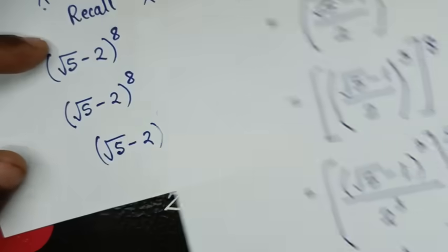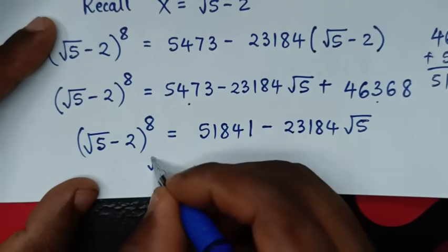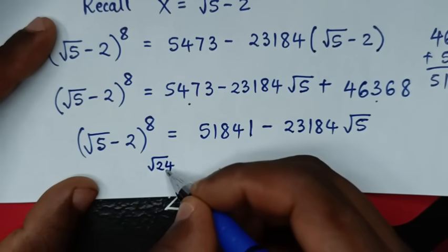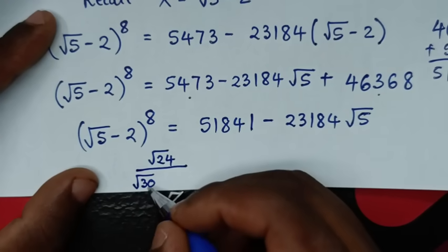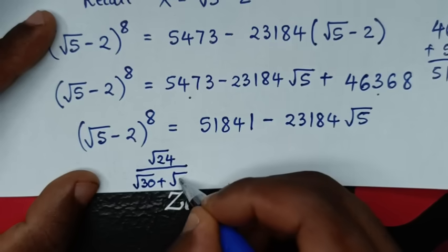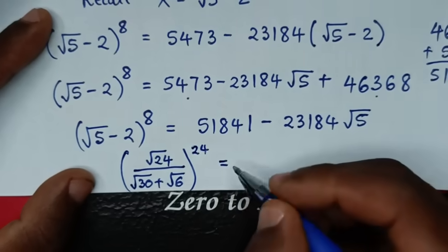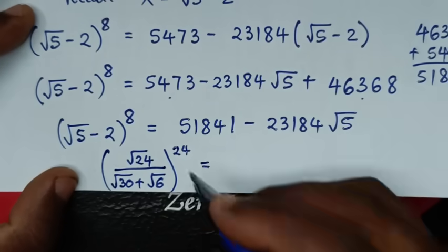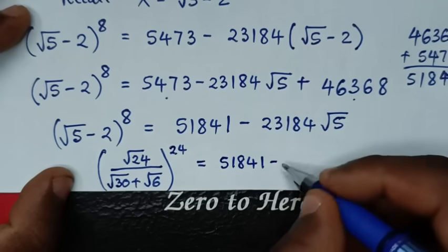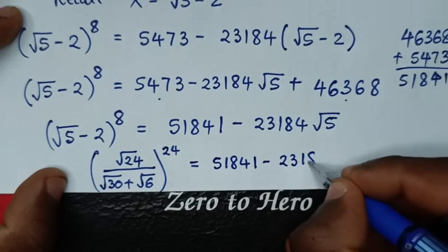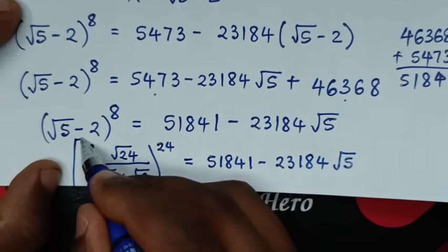So the whole solution, which is (√24/√30 + √6)^24, is equal to this here, which is equal to this. So it will be 51,841 minus 23,184√5. So this is our final answer.